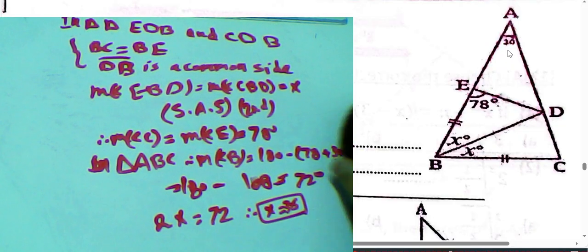Then the measure of angle B we found is 72, so 2x equals 72, and x equals 72 divided by 2, which is 36. The measure of angle x equals 36 degrees.